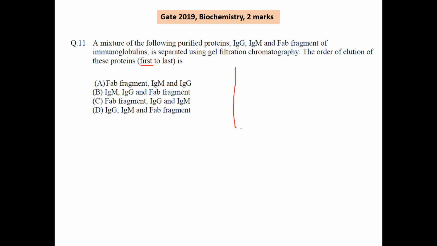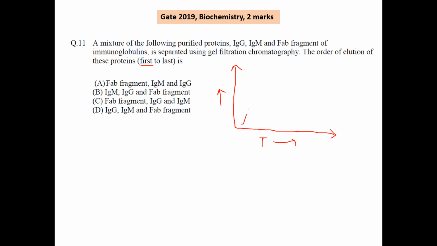We normally depict the elution in the form of a graph. Here in the x-axis we denote the time of elution, and here we denote the intensity or the amount.